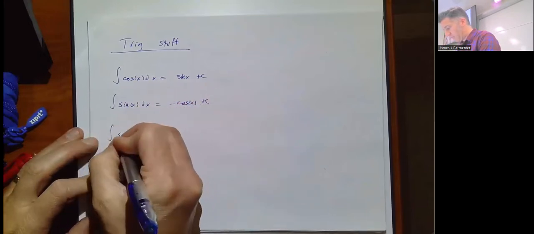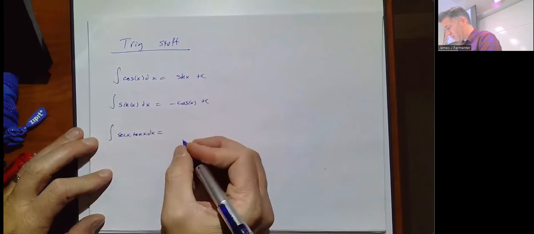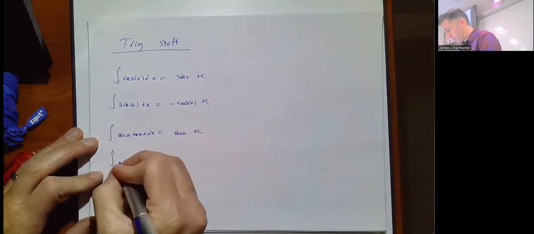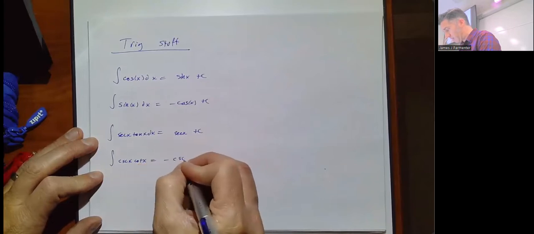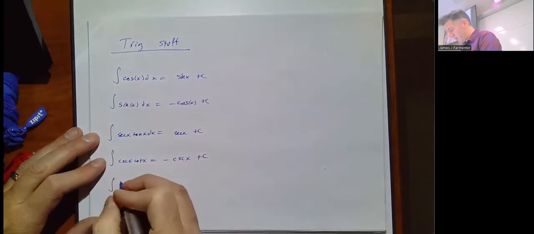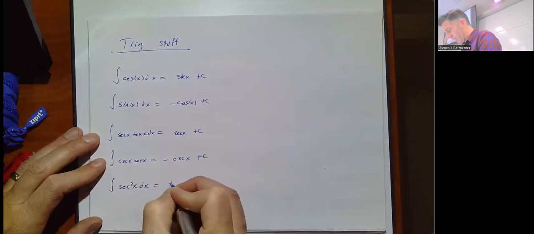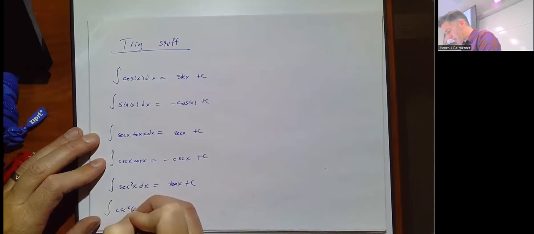The antiderivative of secant x tangent x is secant of x. The antiderivative of cosecant x cotangent x is negative cosecant of x. The antiderivative of secant squared x is tangent x. And the antiderivative of cosecant squared x is negative cotangent x.